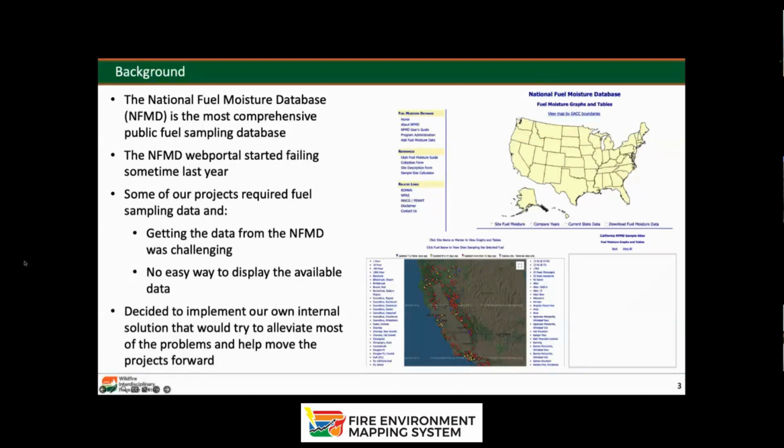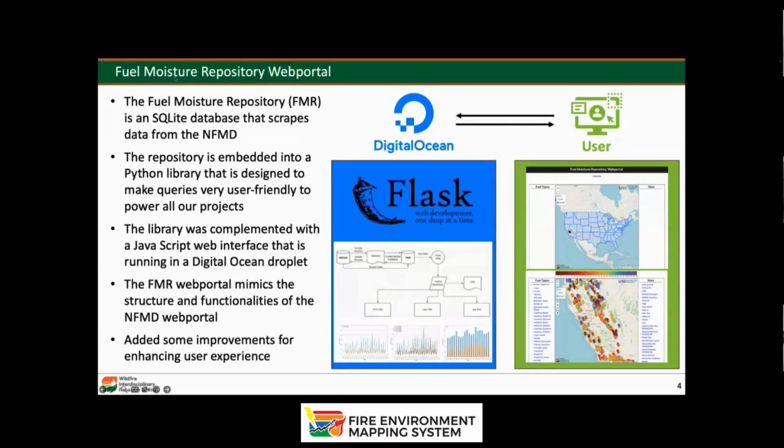So just for our projects, we wanted a way to, one, get the data easily, and two, display the actual data that's available, so we know what we can do with the data. So we decided to implement a very simple approach as an internal solution to alleviate those issues, and that is where the Fuel Moisture Repository and the web portal were born.